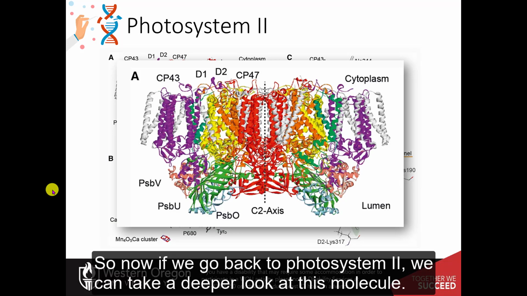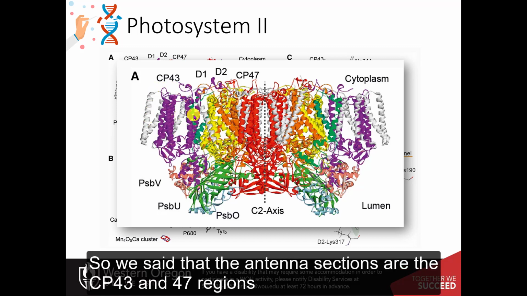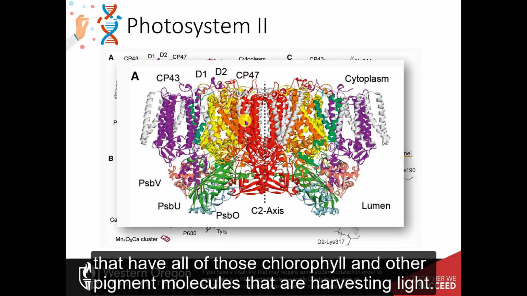So now if we go back to photosystem 2, we can take a deeper look at this molecule. So we said the antenna sections are the CP43 and 47 regions that have all of those chlorophyll and other pigment molecules that are harvesting light.